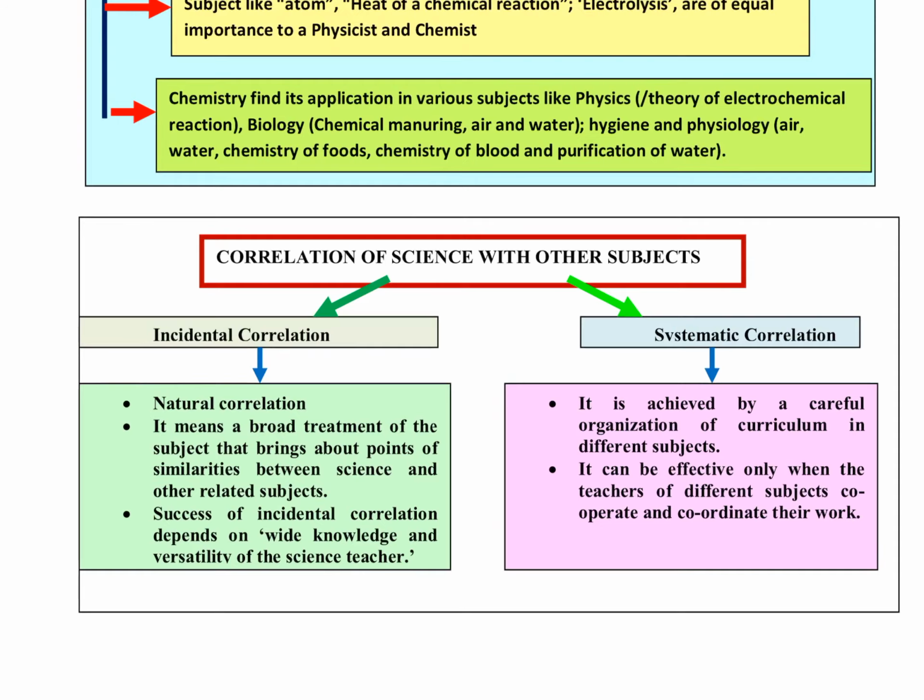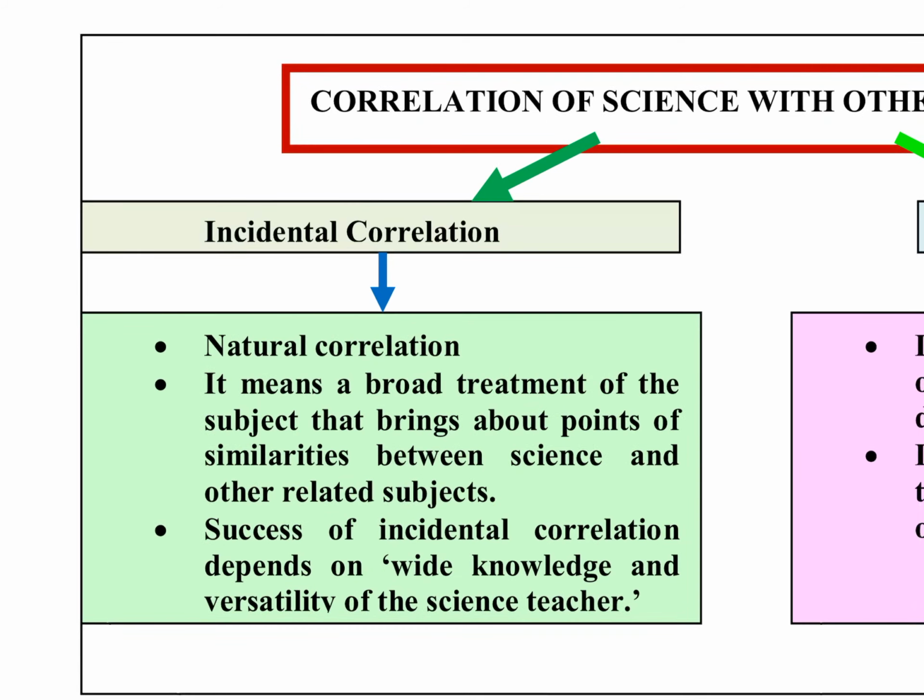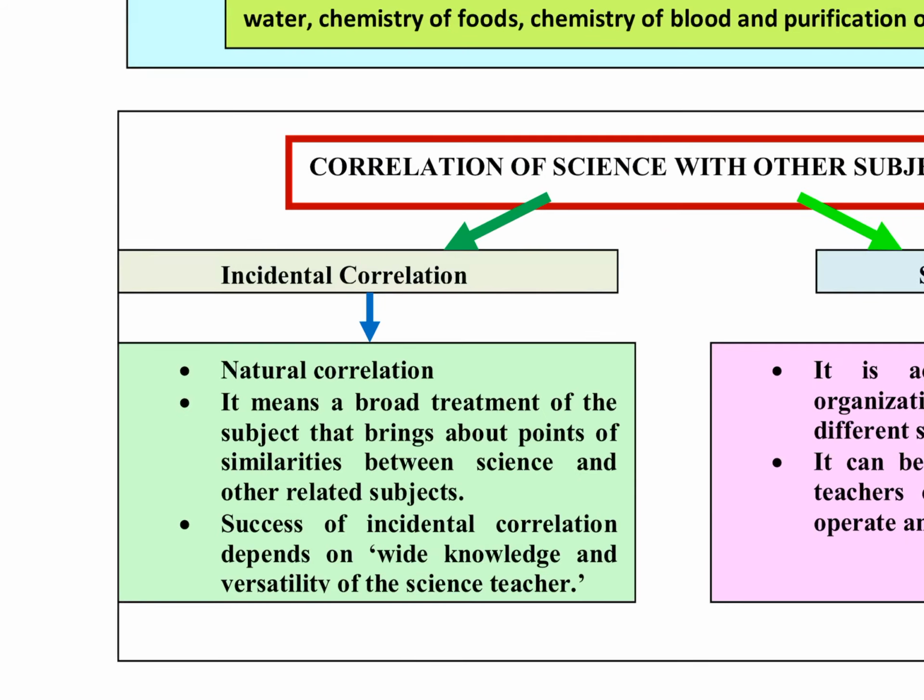It means a broad treatment of the subject that brings about the points of similarities between science and other related subjects. And success of incidental correlation depends on wide knowledge and versatility of the science teacher. The science teacher has to be versatile.